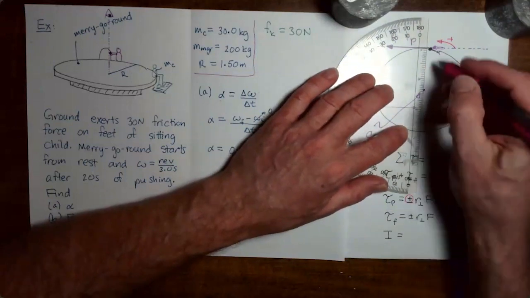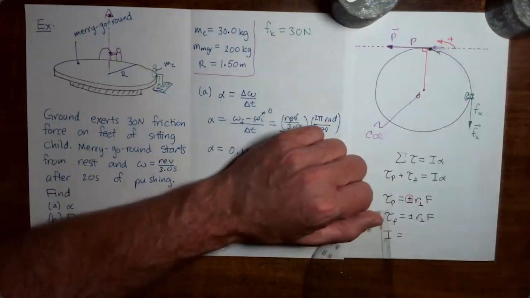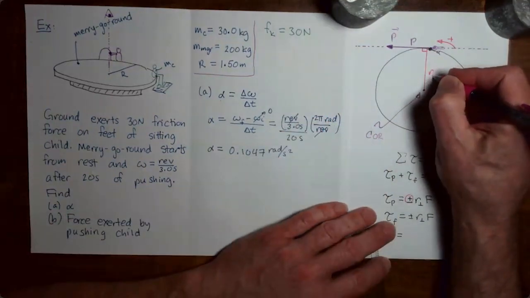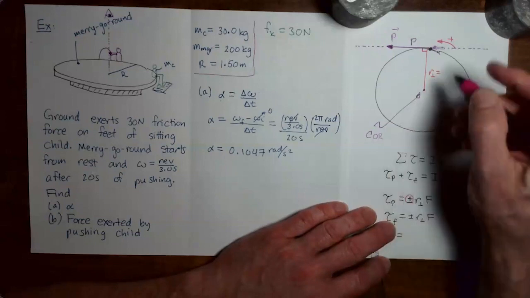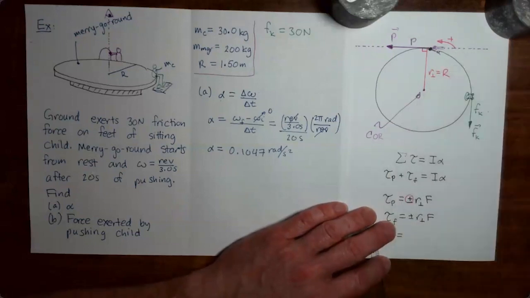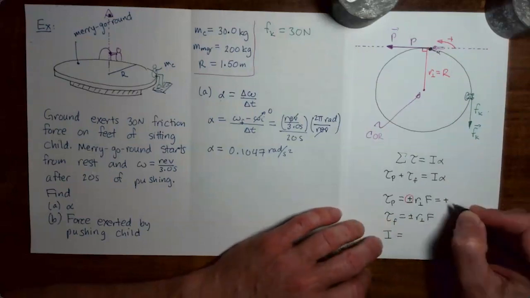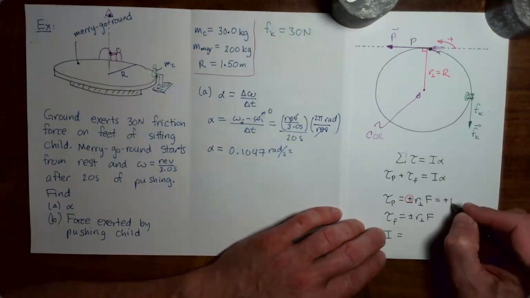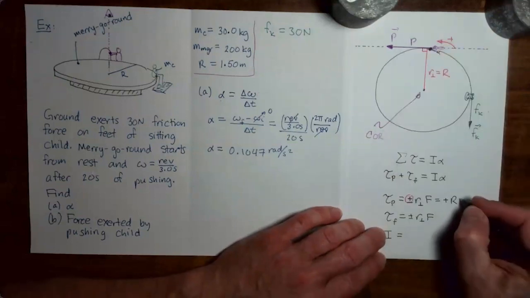And now I go to the center of rotation and drop a perpendicular to the line of the force. So this segment is the moment arm, but you can see that that moment arm is also just the radius of the merry-go-round. So coming down to here, I now have that torque from that push is equal to plus, and then the moment arm is the radius, and then the magnitude of the force is just P. That's what we're trying to find.